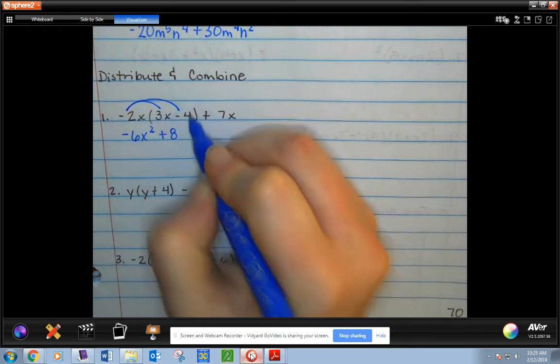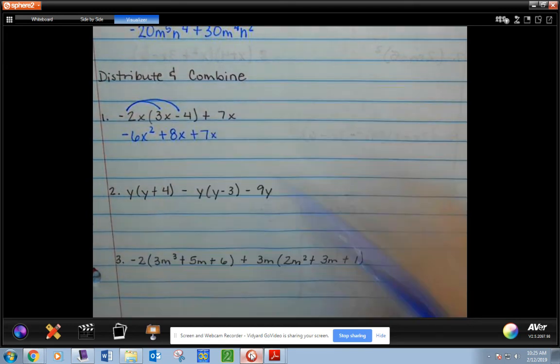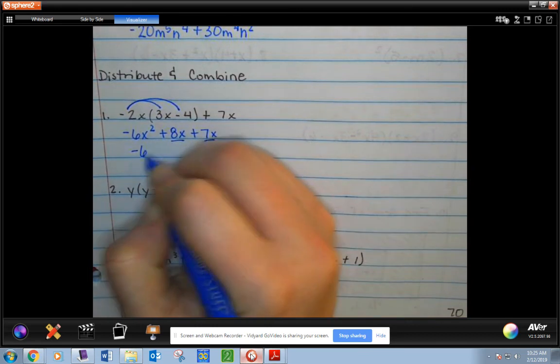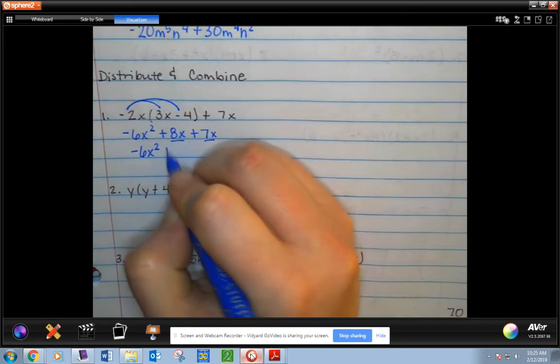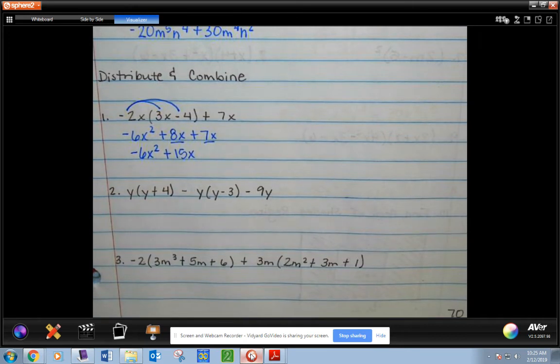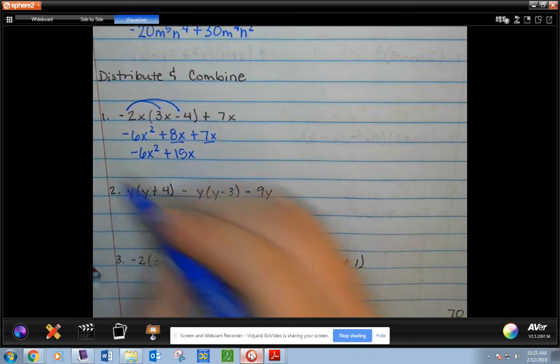And I have an x with no x's, so just x. And then bring down plus 7x. Now these two pieces look alike, so I keep negative 6x squared, and 8 plus 7 becomes 15x, and you are done.